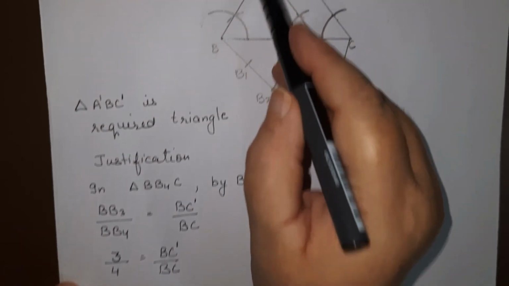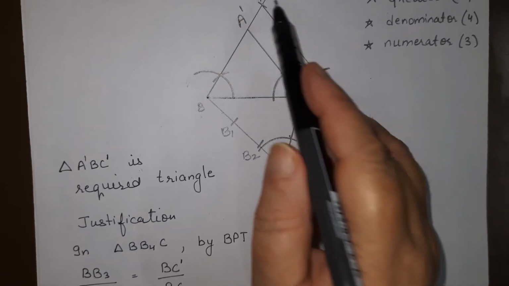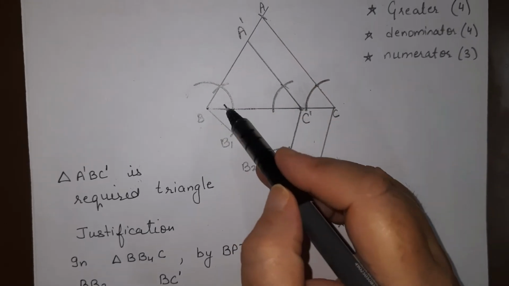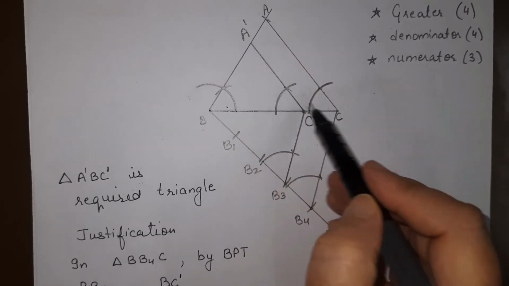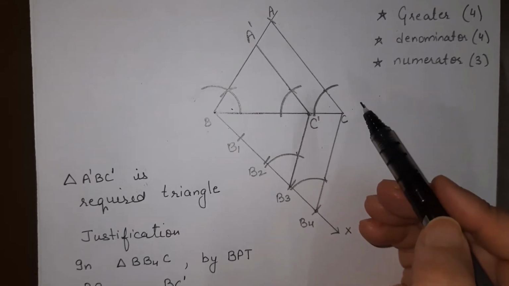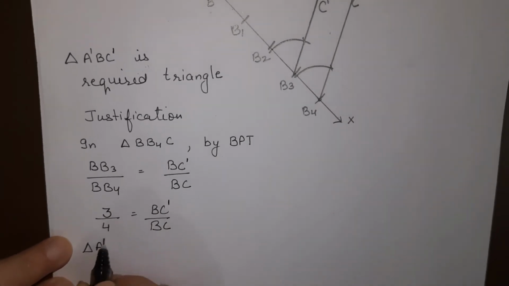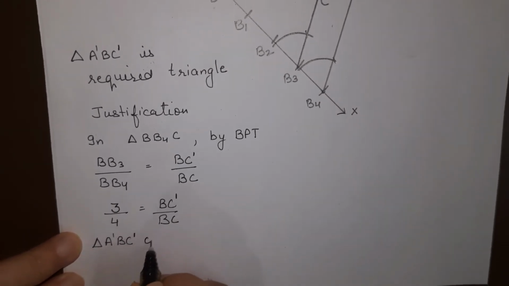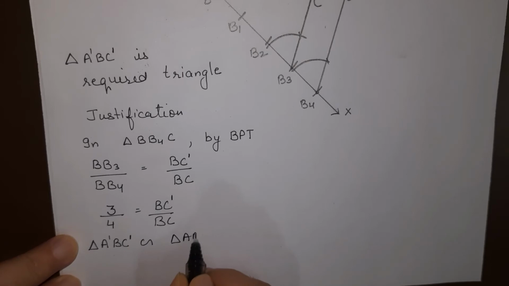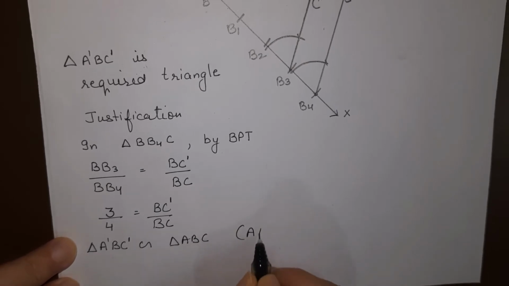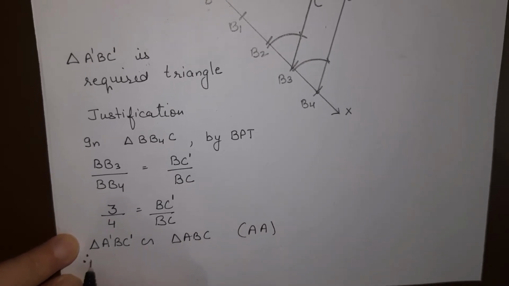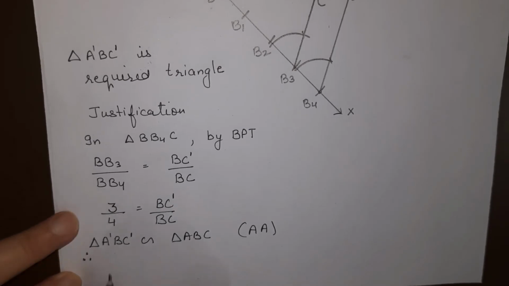Now see, triangle A dash BC dash is similar to triangle ABC, as angle B is common and these two angles are equal. They are corresponding angles here. So we write triangle A dash BC dash is similar to triangle ABC by AA similarity. Therefore, when triangles are similar, their sides are proportional.